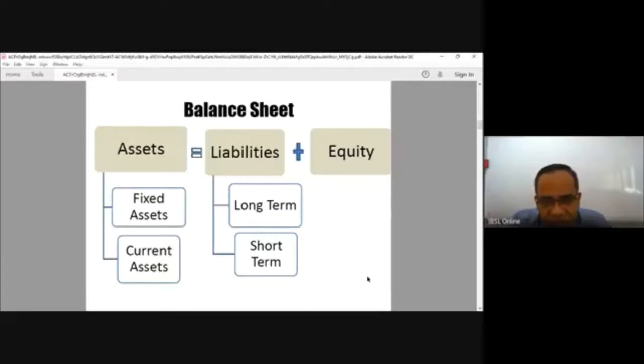So your assets are financed by the combination of your equity, how much is contributed to the business, plus other liabilities by way of borrowing.